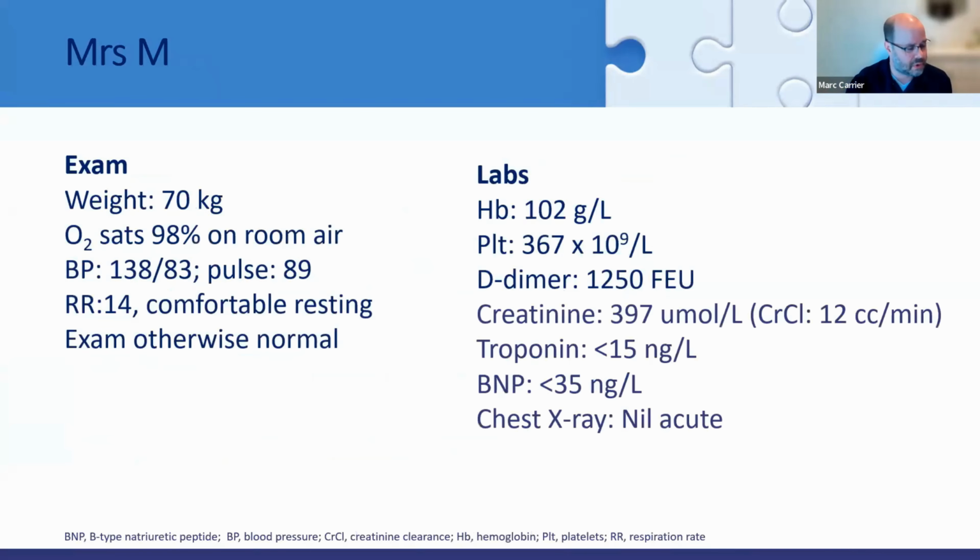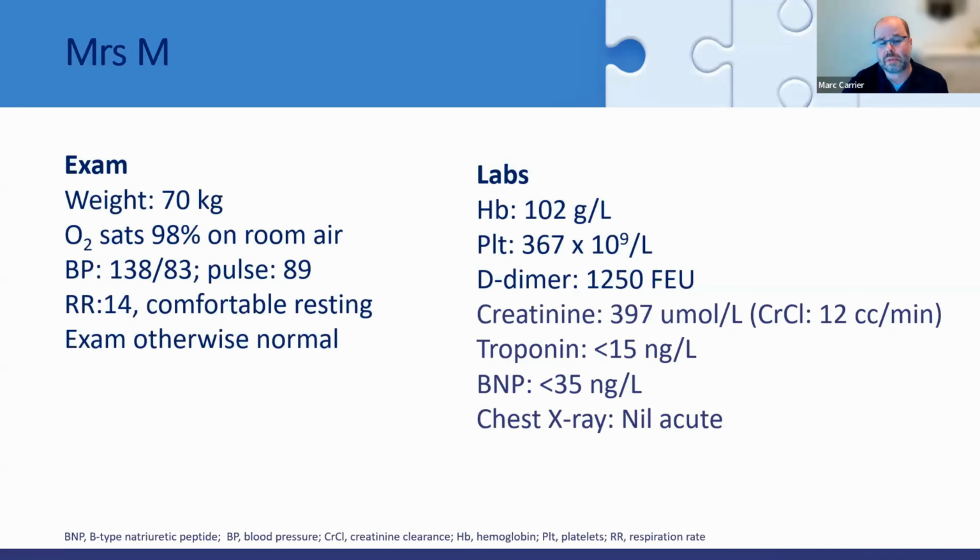On exam, she's 70 kilograms, sitting well on room air, with good blood pressure, good pulse, breathing maybe a little bit quickly. She's comfortable though when she's sitting. The exam is otherwise normal.